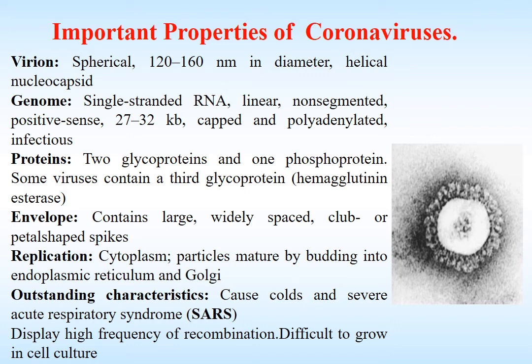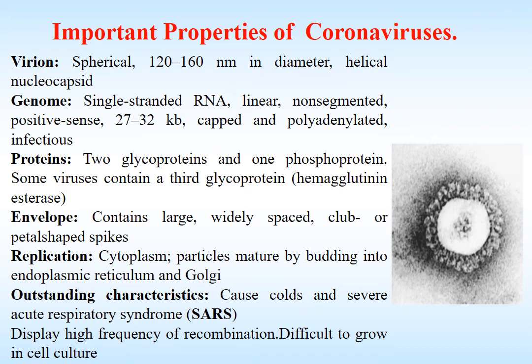Important properties of coronavirus. Virion: spherical, 120-160 nanometers in diameter, so it's quite big. Helical nucleocapsid, single-stranded RNA, non-segmented and positive sense. Proteins: 2 glycoproteins and 1 phosphoprotein.